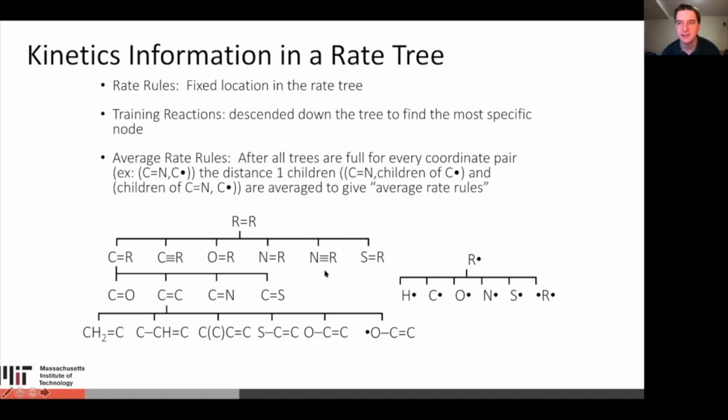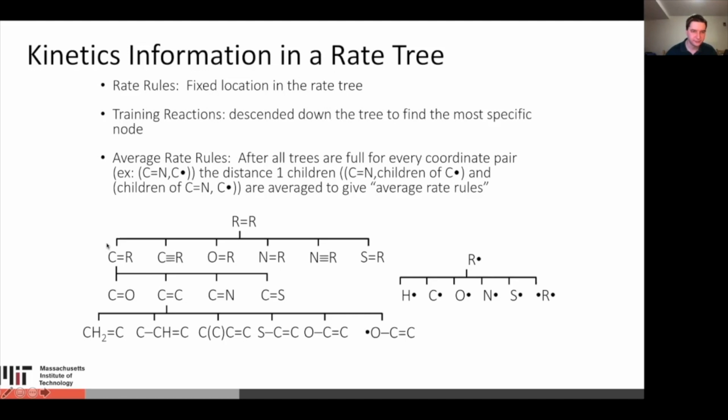Once we've descended all of these reactions down the tree and we have our main rate rules, it's often still very useful to have upper level rate rules that might otherwise be empty. And so we average rate rules up the tree. After all the trees are full, we look at all the distance 1 children, going recursively up the tree.